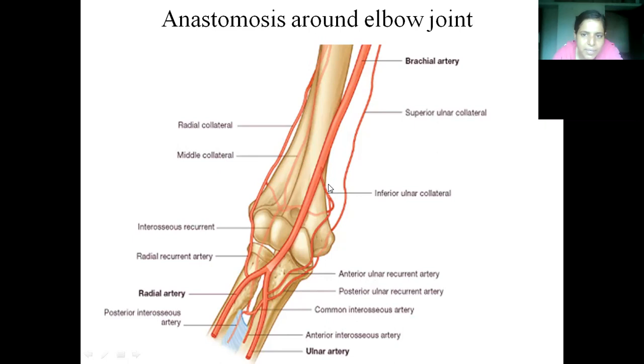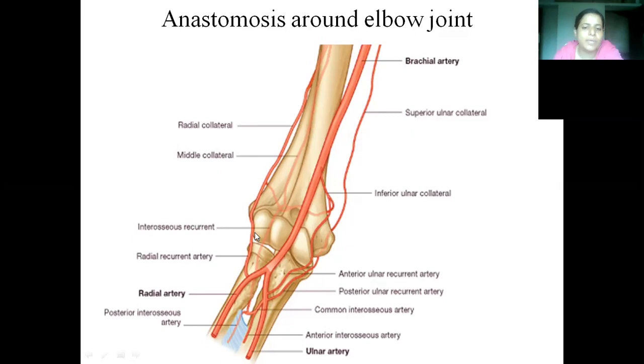This inferior ulnar collateral in front of the medial epicondyle is anastomosing with the anterior ulnar recurrent, which in turn is a branch of the common interosseous artery. That means, as I told you, this whole thing is the ulnar artery; you can simply write ulnar artery also. From the ulnar artery, the arteries which go back, you use the word recurrent branches.